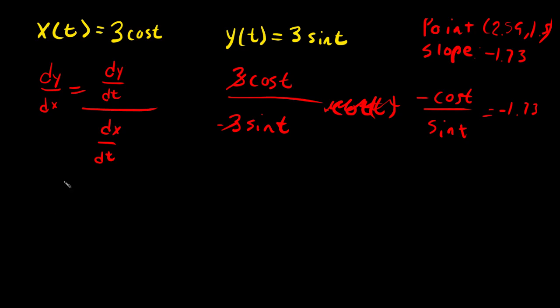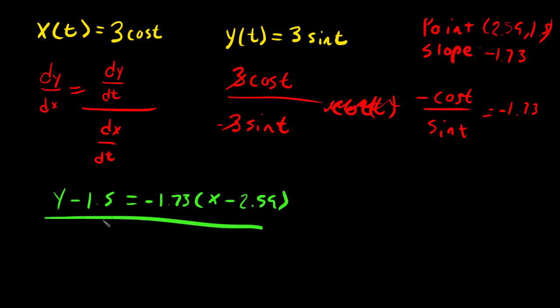We know that this is our point. So we're just going to do y minus 1.5 is equal to negative 1.73 times x minus 2.59. And this is our answer. You don't have to move it and make it y equals. You don't have to do that. You could just leave it as this.